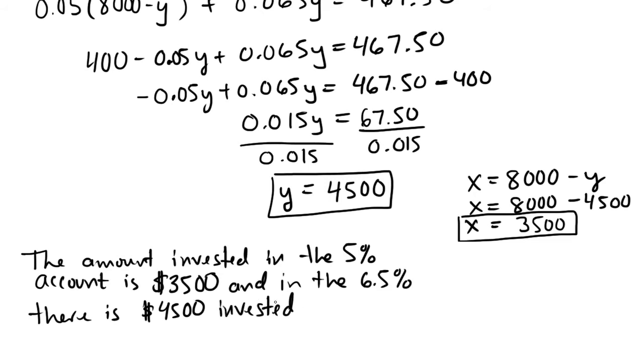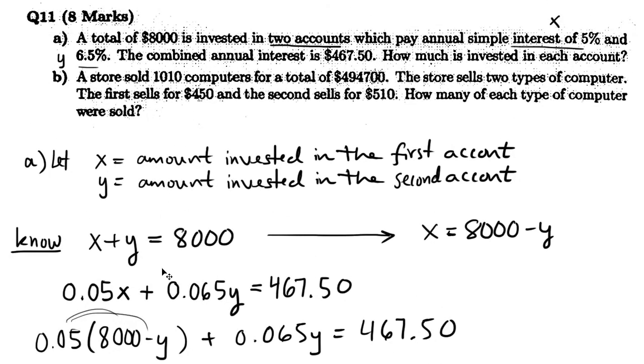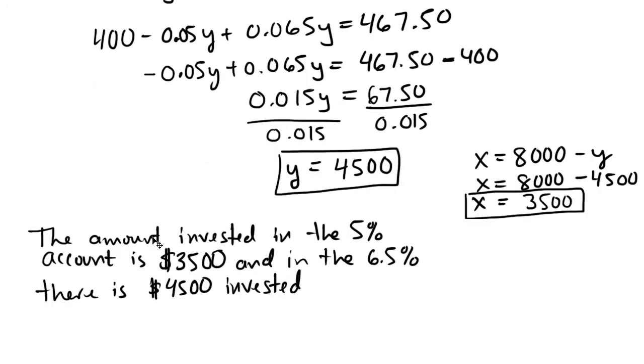So let's just check it real quick. If we do 3,500 plus 4,500, we get $8,000, which is good. That's what we started with. And let's see if the interest works out. If we do 0.05 times 3,500, that gives us 175 interest for the first account. Why don't I write that over here on the side?